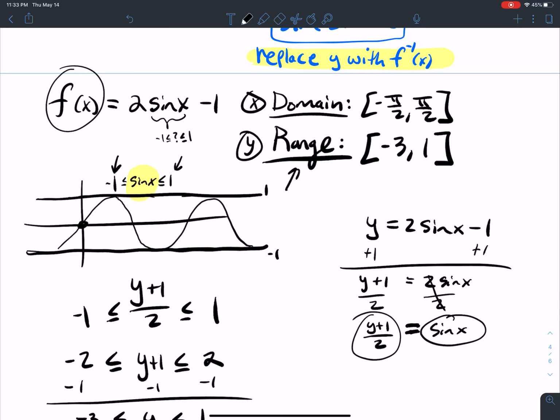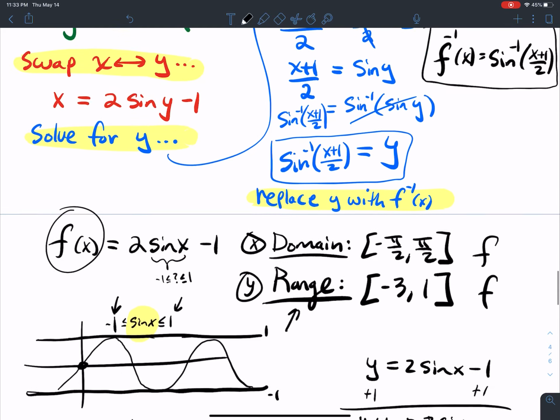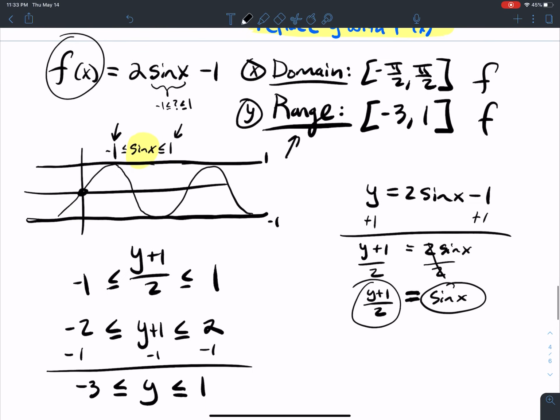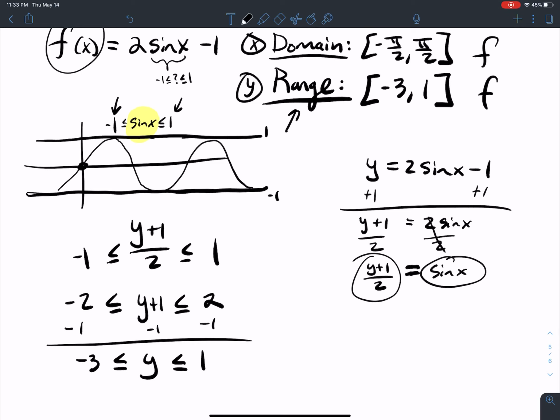This is for f. If I want to know the domain and range for the inverse, what do I know the inverse does? The domain and range for f inverse are the opposite.